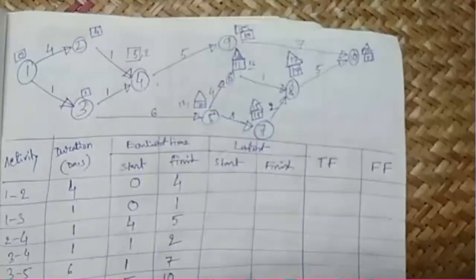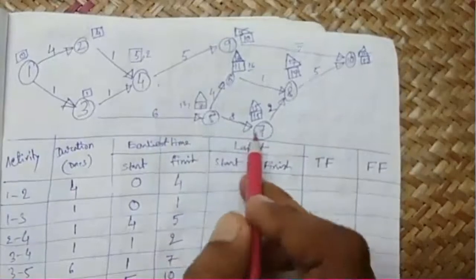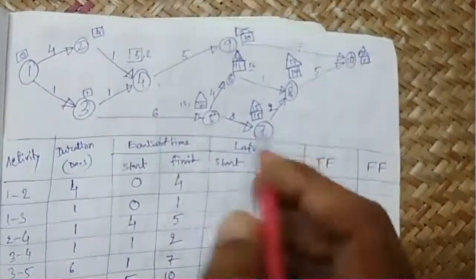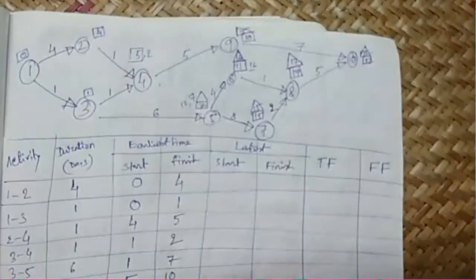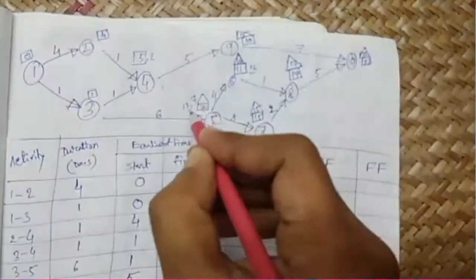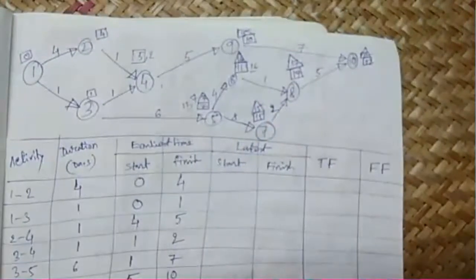For 5 7, the latest start is 7 days, which we have already calculated. On the backward pass, we choose the minimum of the two. So from 12 and 7, we choose 7 and write 7.